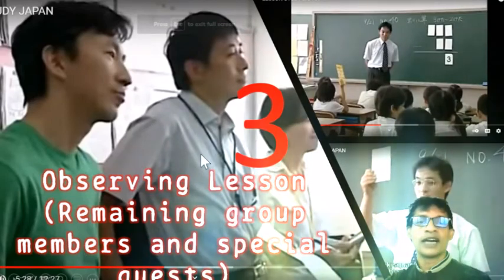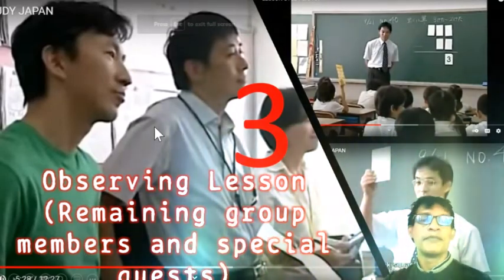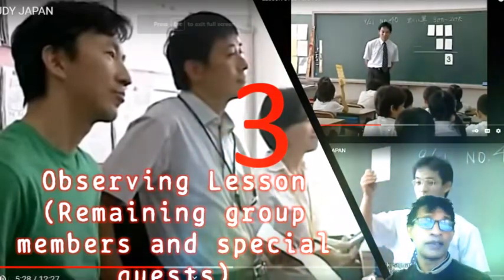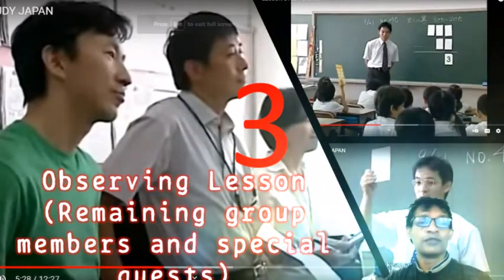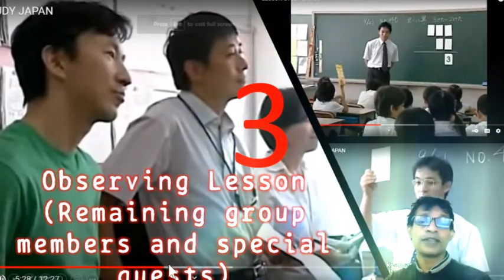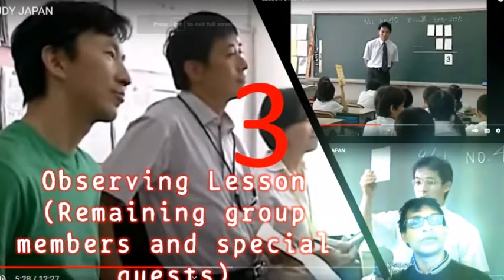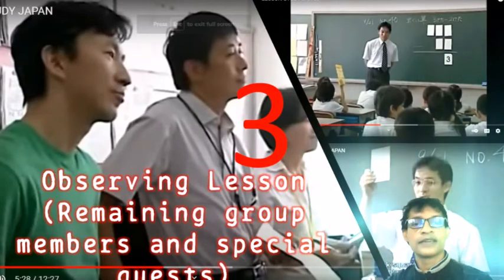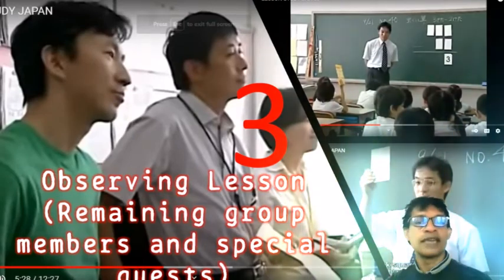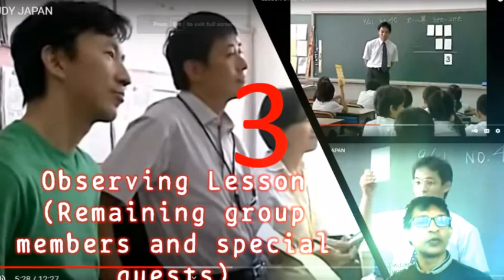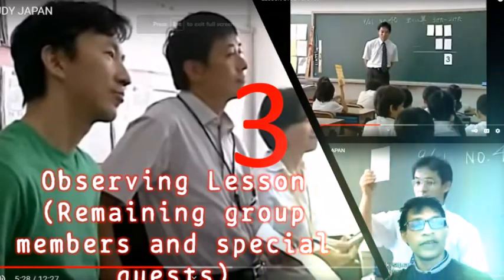They are leaning towards the back wall of the classroom, and they are observing. And these special guests can be a headmaster or a specialist teacher who is a curriculum leader. So people like that can also participate in this event.